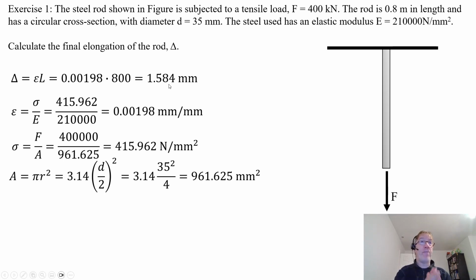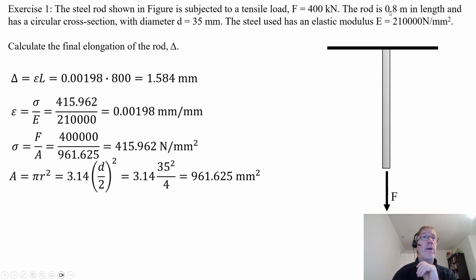Now, there's a number of things that you need to take great care on. First thing is, make sure that your units are correct. We see here, we've got kilonewtons, and that's being converted into newtons.